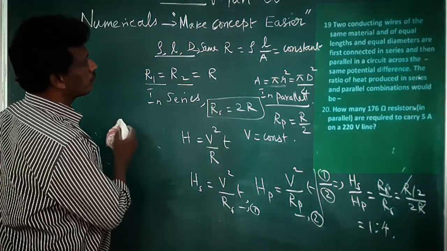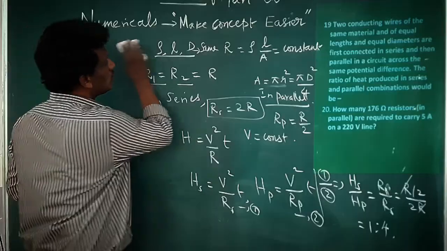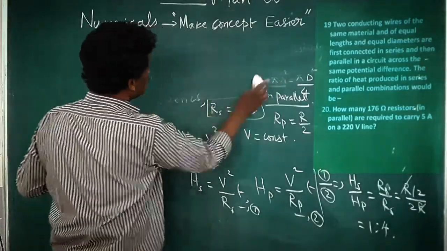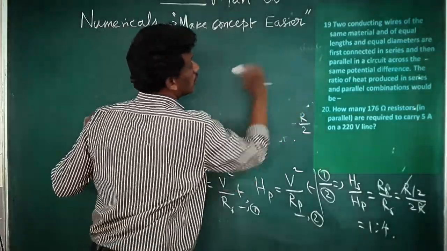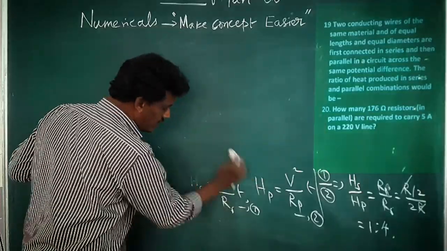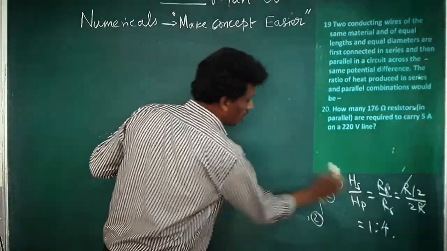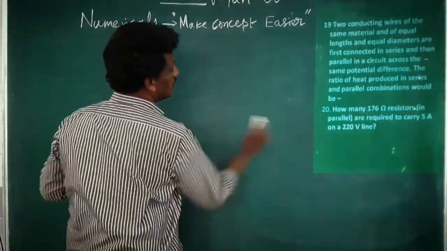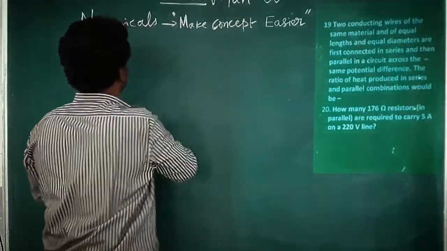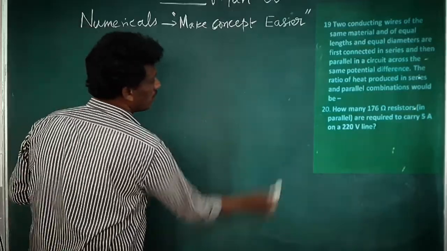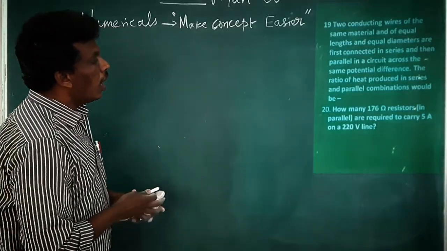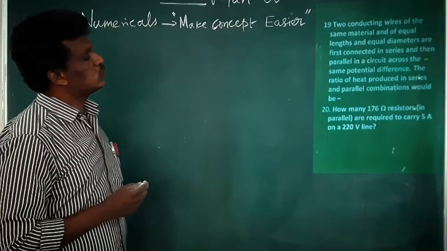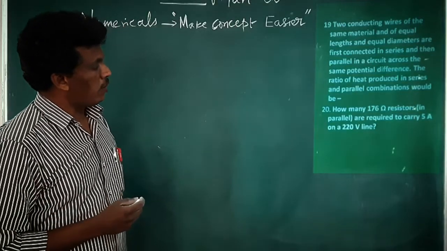Just go down. Let us go to question number 20. Read the question. I think this is very interesting when we go for parallel combination. Again, it is coming identical only. How many 176 ohm resistors are required?